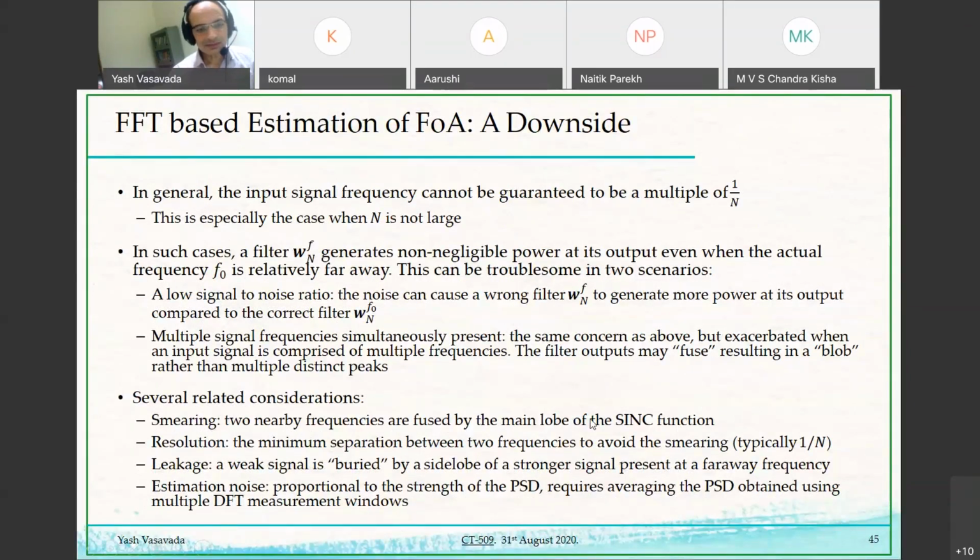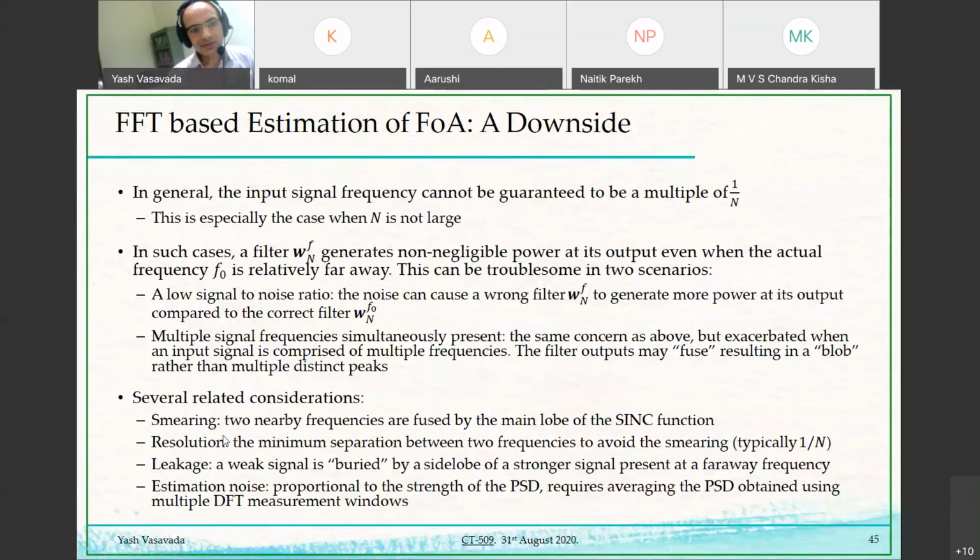When there are two frequencies nearby, and I'm now considering the multiple source problem, the outputs of the filters, because they are so close by, will merge into something like a blob.